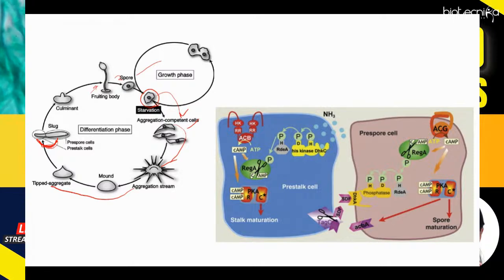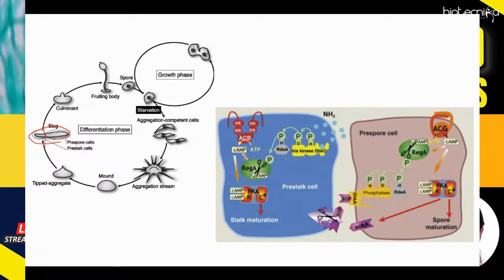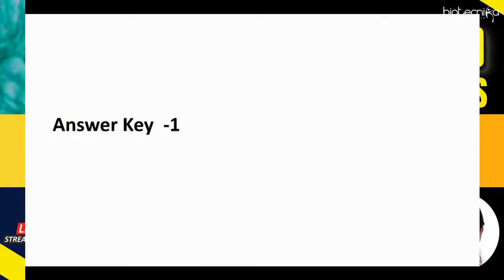Now, in this entire slug, there is a categorization between the pre-spore cell and the pre-stalk cell. One-fifth part is the pre-stalk cell, and the rest is the pre-spore cell. And there is a signaling between them as well. You can see how they are signaling each other.